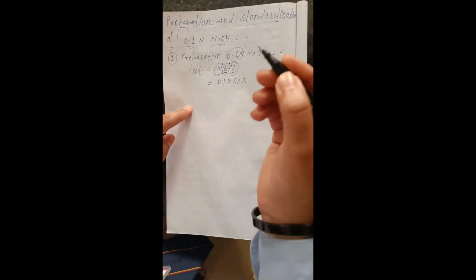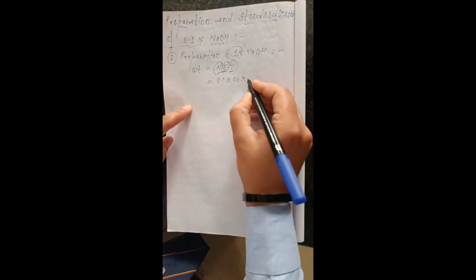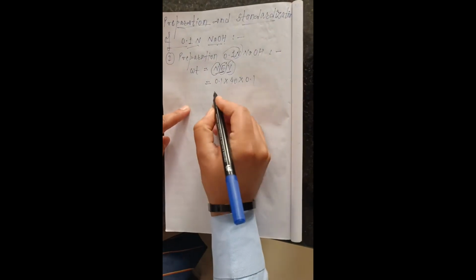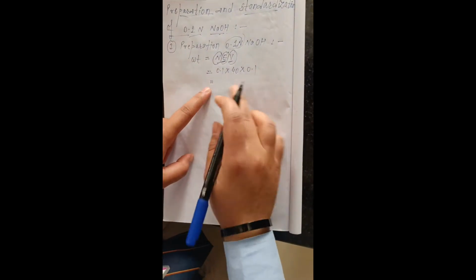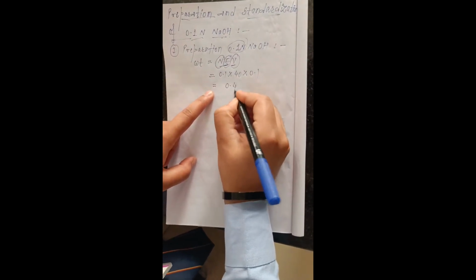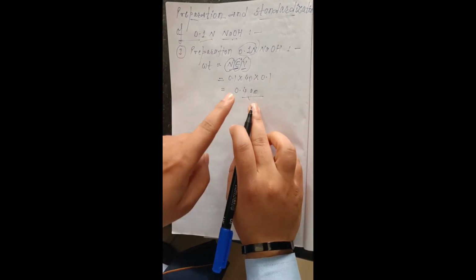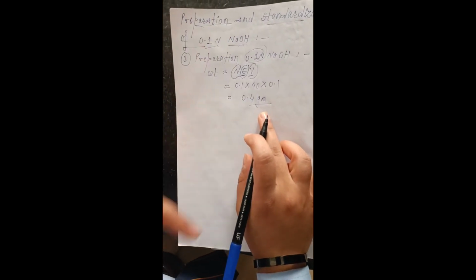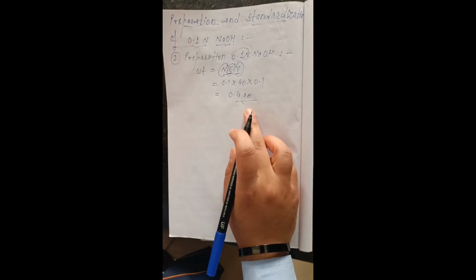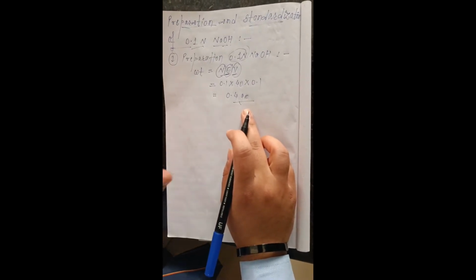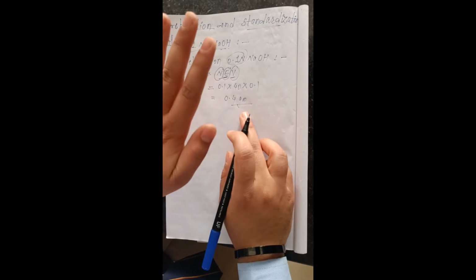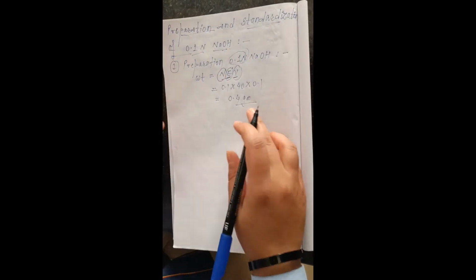So we are dividing 100 by 1000, so it will be 0.1. The calculation will be 0.4 gram. So we will take 0.4 gram of NaOH and dissolve it in 100 ml of water, and thus by this method we prepare 0.1 normal NaOH, that is our secondary standard.